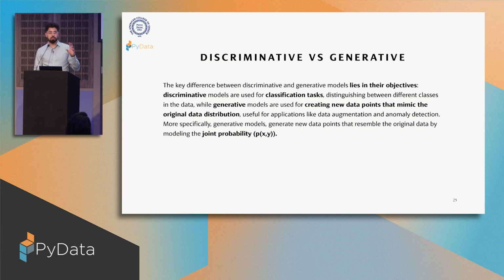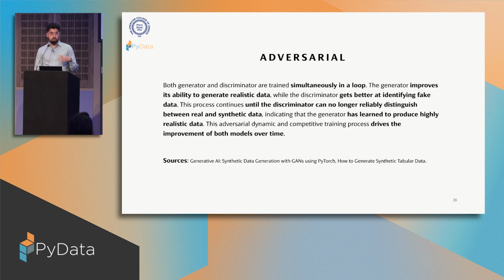So, what's the difference between discriminative and generative? The key difference lies in their objective, because discriminative models are used for classification tasks, distinguishing between classes of the data, while generative models are used for creating new data points that mimic the original data distribution, to be more precise, the joint probability of X and Y. It's called adversarial because, as Elena already explained, both generator and discriminator are trained simultaneously in a loop.